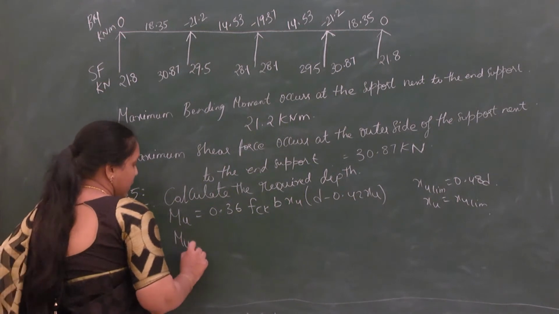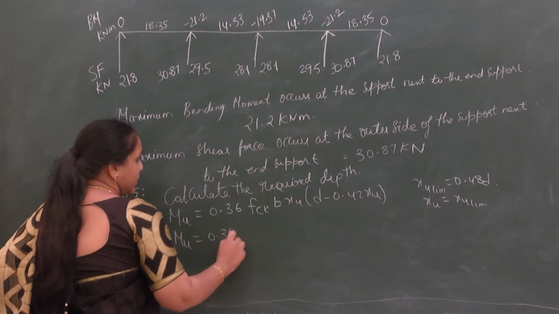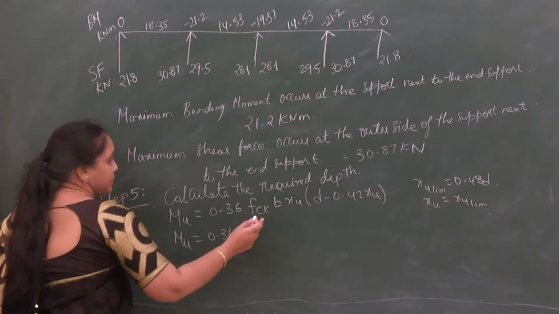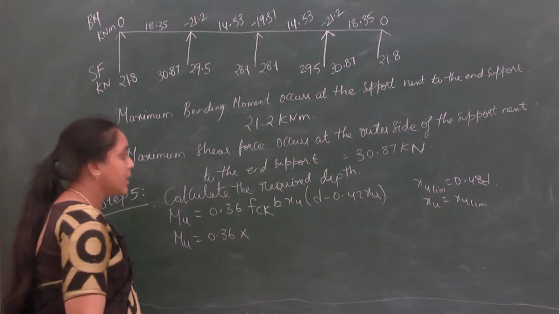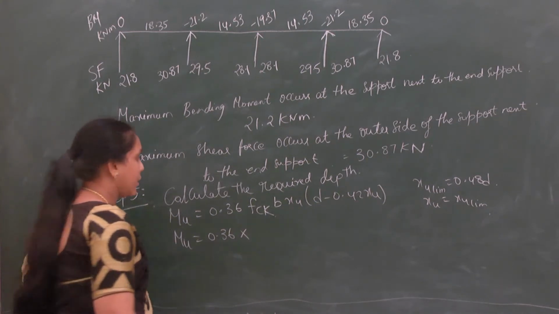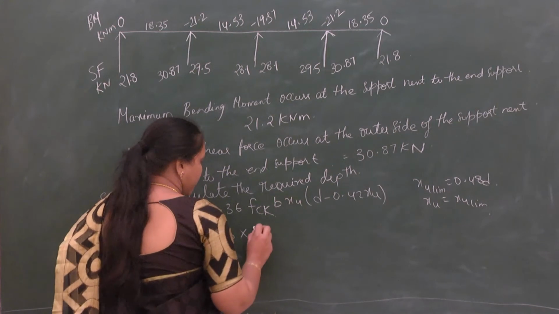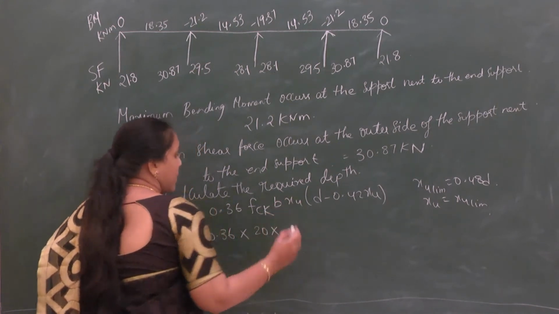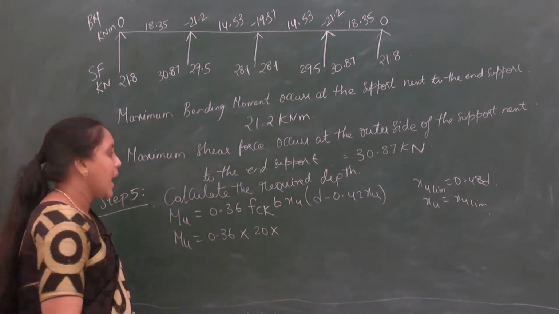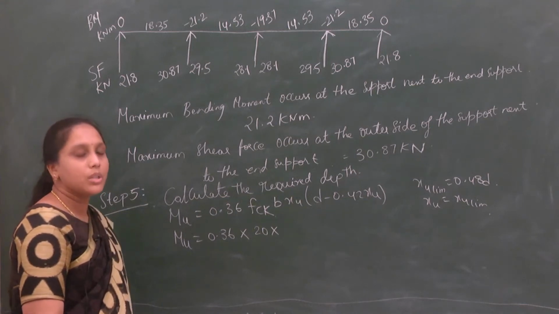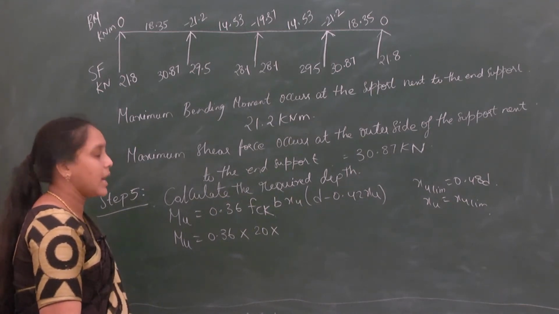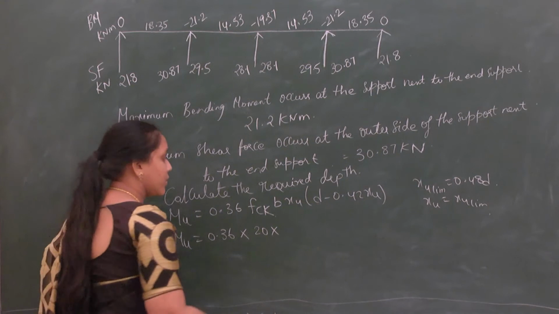So in place of xu we have to substitute 0.48 d. So Mu is equal to 0.36 into fck. What is fck? fck is nothing but the grade of the concrete. So the grade of the concrete is 20, and b is 1000 mm. Why 1000 mm? Because we are designing for the 1 meter width of the slab.